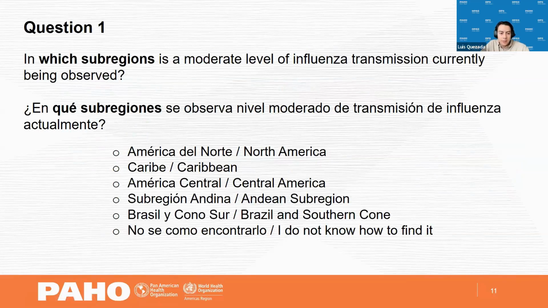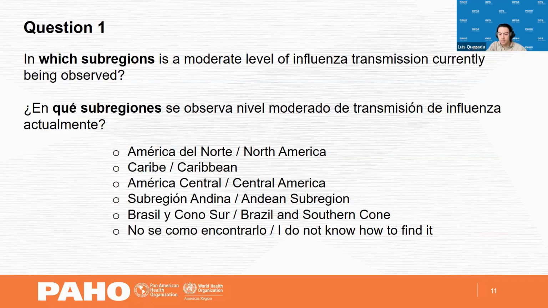Question number 1. Basically, we need to answer in which subregions a moderate level of influenza transmission is currently being observed. To answer this question, we need to mention a subregion in particular, but please remember that in the dashboard we have a section that talks about the transmission levels, and we have different graphs.